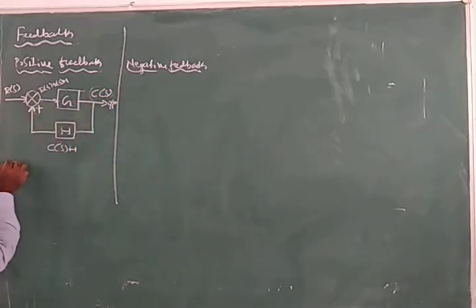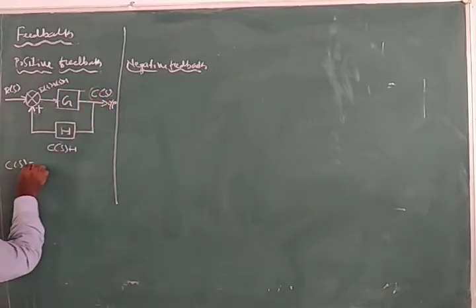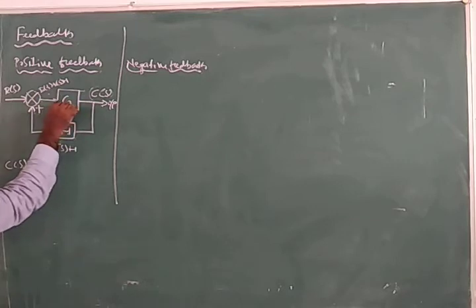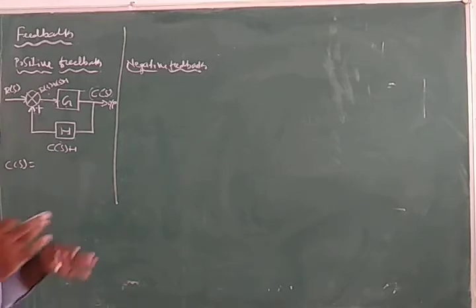Therefore C of S will become, what is the signal present across the output? C of S will be equal to this signal into this signal, because output is equal to input into transfer function, because transfer function is output by input.